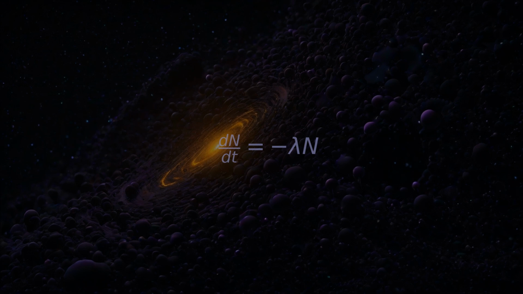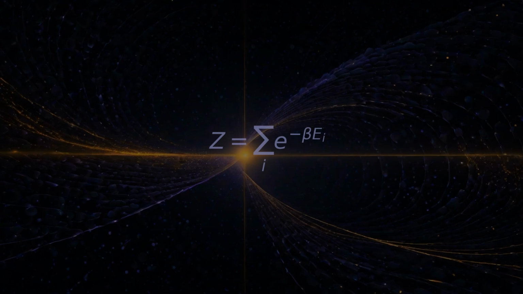E equals h nu. This was profoundly revolutionary, and the idea that nature is fundamentally discontinuous at the atomic scale, that there is a smallest unit of action, Planck's constant h, and that energies come in integer multiples of this fundamental unit, runs counter to the entire tradition of classical physics, which assumed that physical quantities vary continuously.